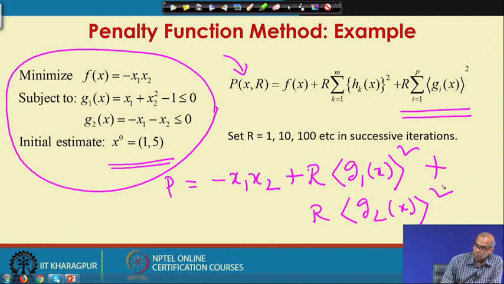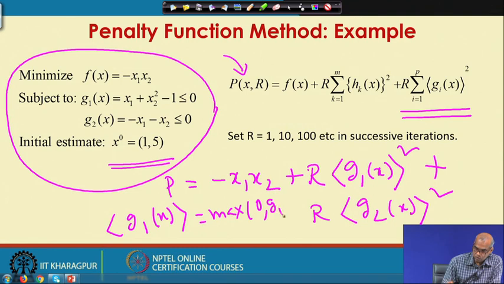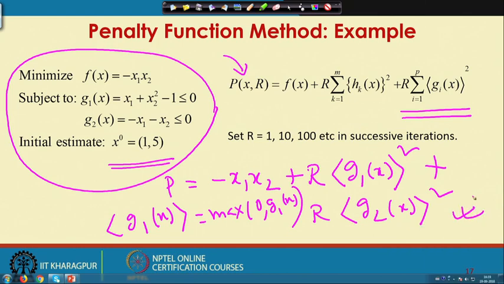And you know g1(x) is nothing but max of 0 or g1(x). Similarly, for g2. So, this is an unconstrained function. Now, you set r equal to 1 and solve it. So, you get x1 and x2 as solution for that unconstrained problem.